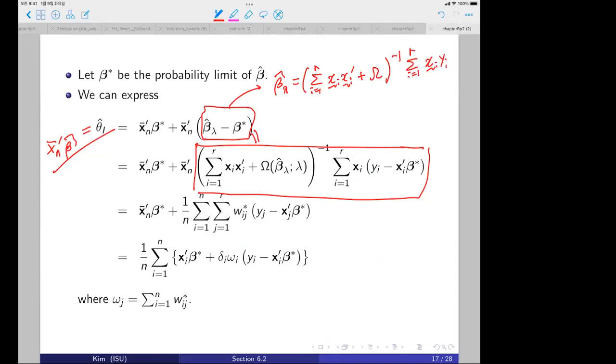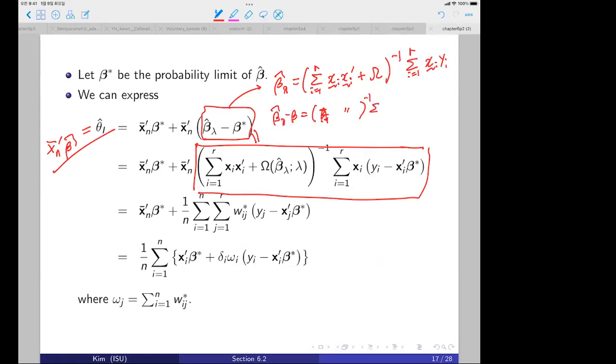Okay, so this is the beta hat lambda. And now we want to do some subtraction. Then we basically compute the same thing here.